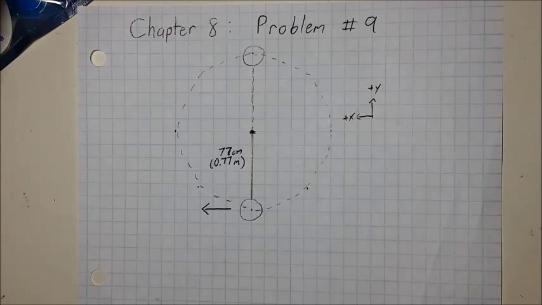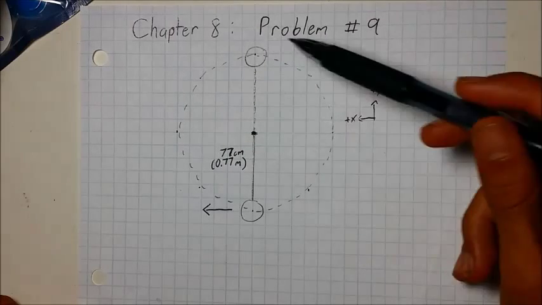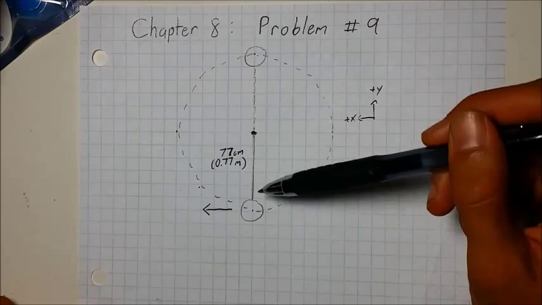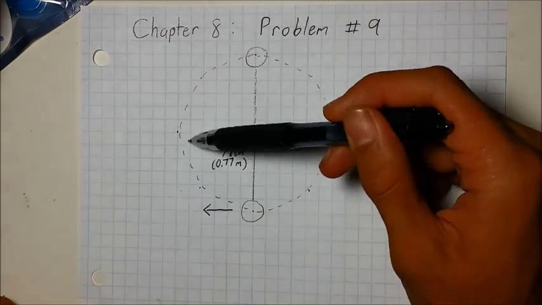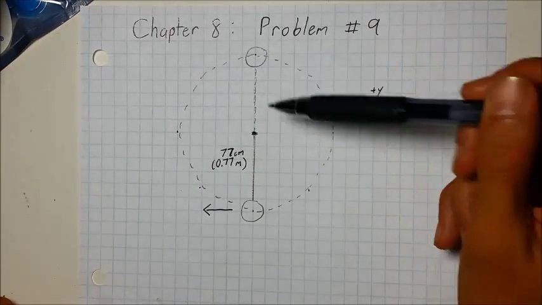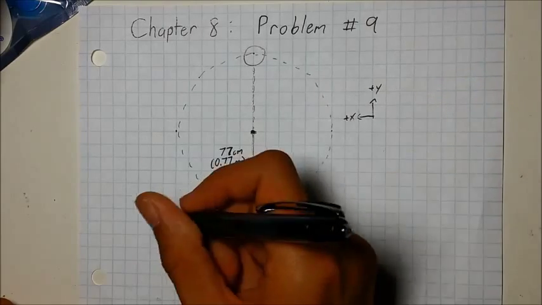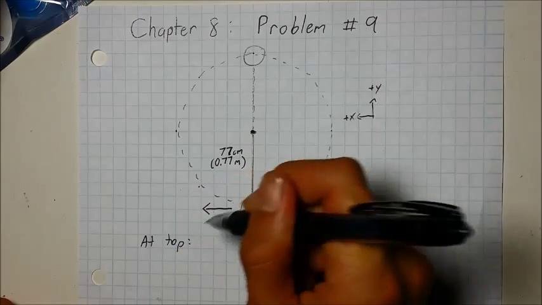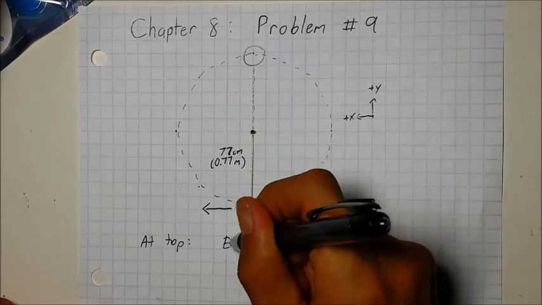So what we are trying to find is the minimum speed that will get the ball entirely around the circle. So that means you want to find the minimum speed at which it can even get up to its highest point up there. So what we're going to say is at the top, we're going to use this equation.